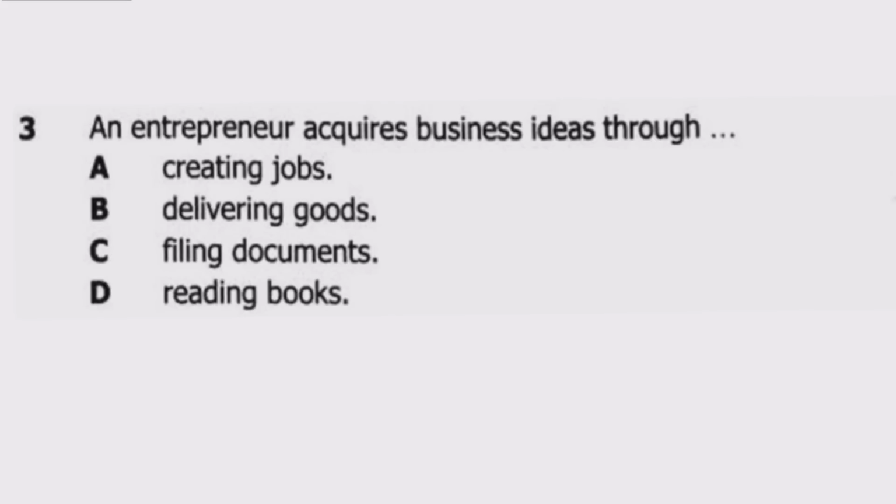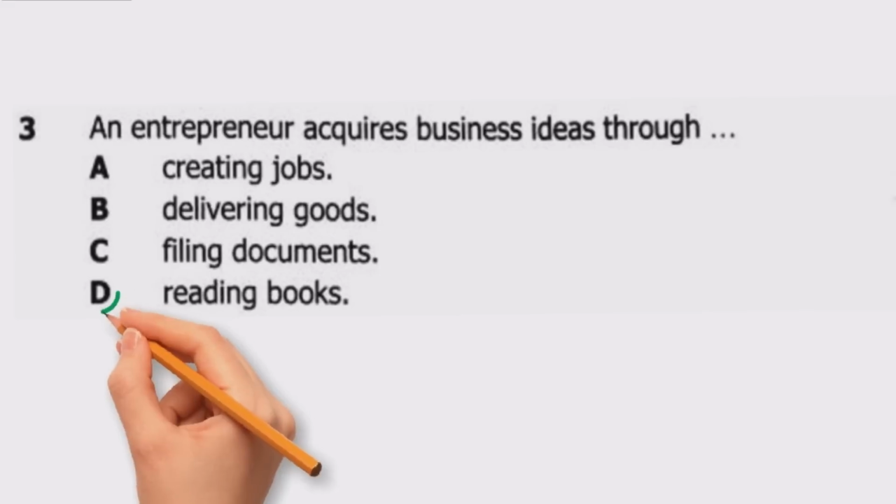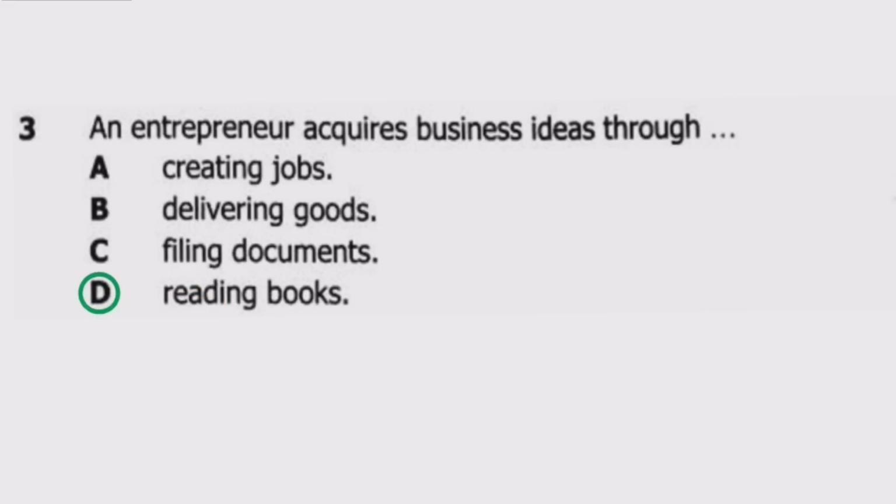Question 3. An entrepreneur acquires business ideas through dash. A, creating jobs. B, delivering goods. C, filling documents. D, reading books. The correct answer is D, reading books.